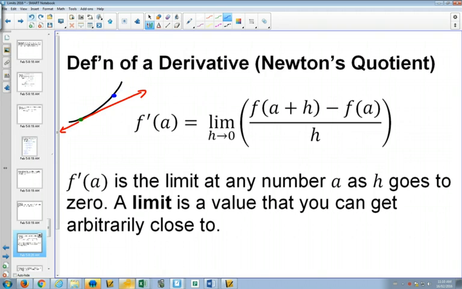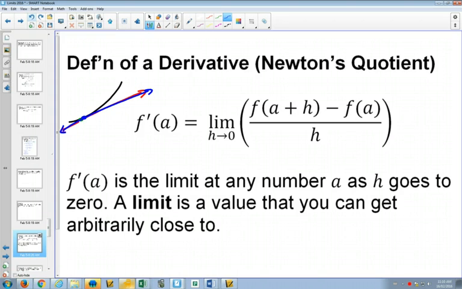And then if we move this point closer and closer and closer, when they're basically on top of each other, and we drew the slope of the secant at that point, it would be the same as the tangent.